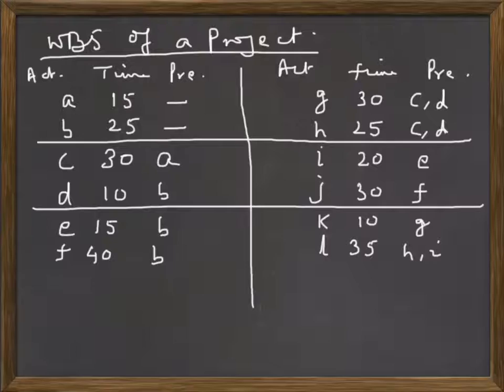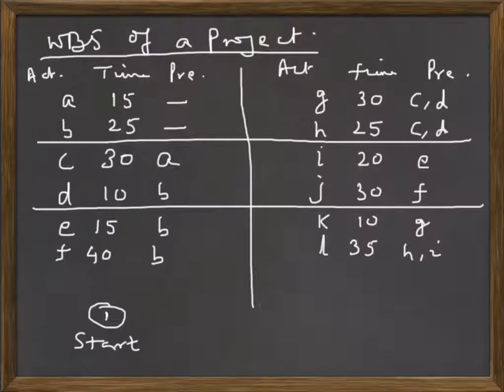So to start, look at the activities which have no immediate predecessor. We make one start node, say this is node number 1 and we call it start. Now from this node we can start only those activities which do not have any immediate predecessor. And if you look at the table, you notice that A and B are the 2 activities which do not have an immediate predecessor.